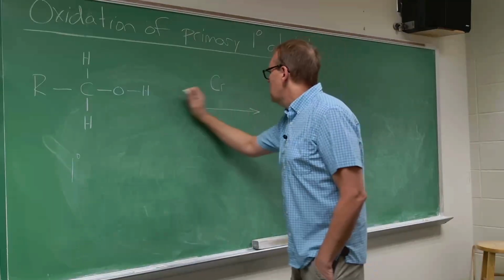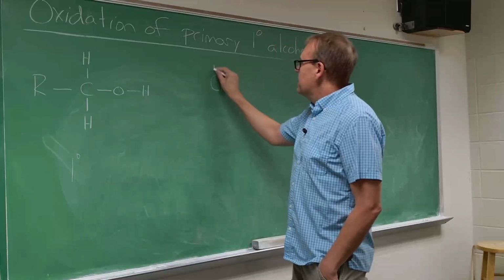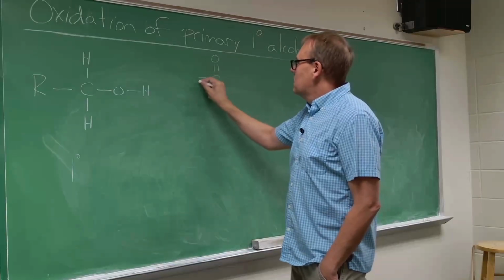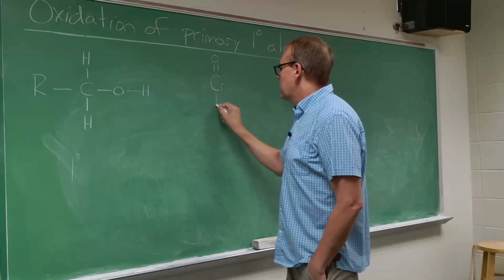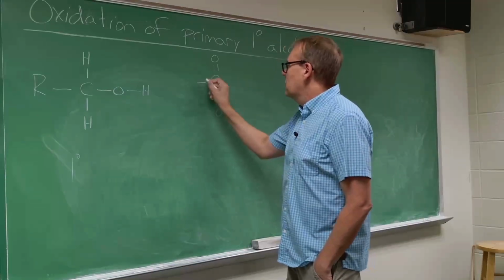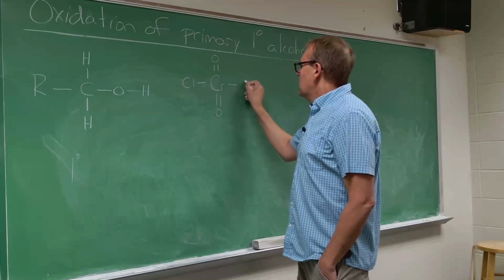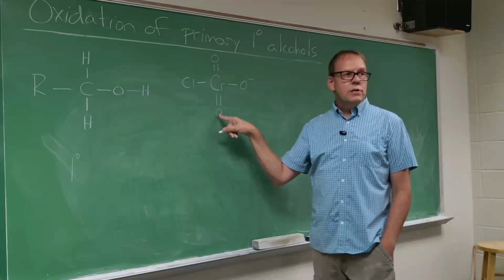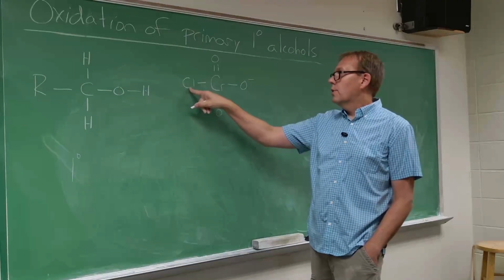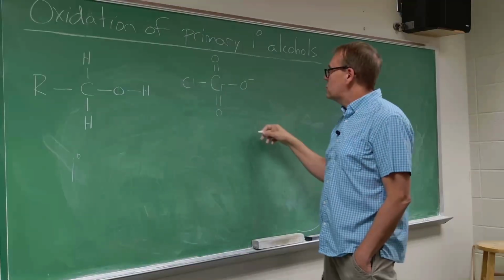And the way it looks is it's a chromium that's got double bonds to, I'm going to draw it the way that it gets drawn in the book. The chromium has a double bonded oxygen, another double bonded oxygen, a single bonded chlorine, and a single bonded oxygen with a minus charge.